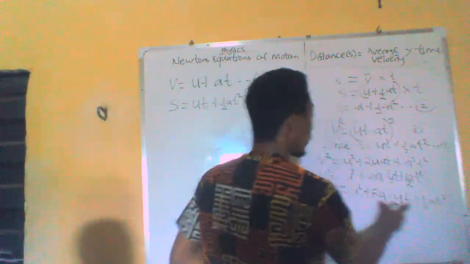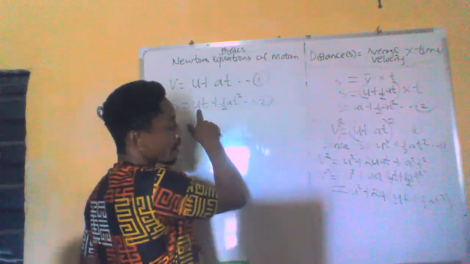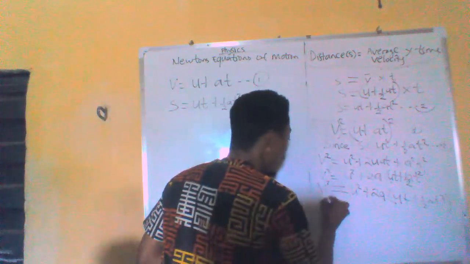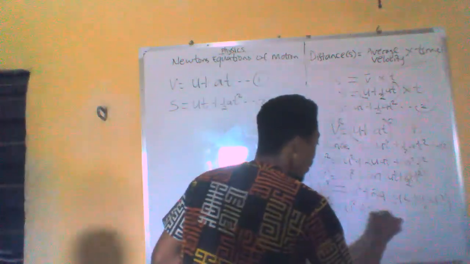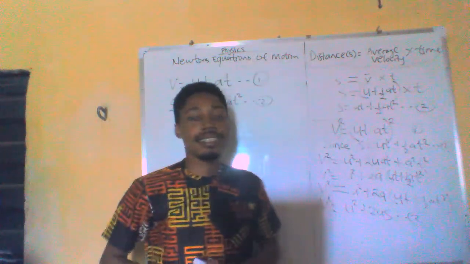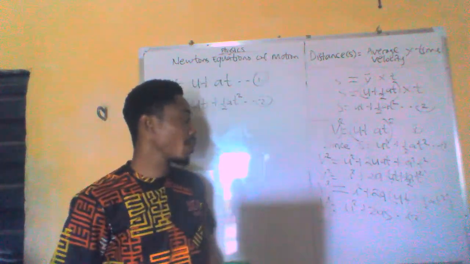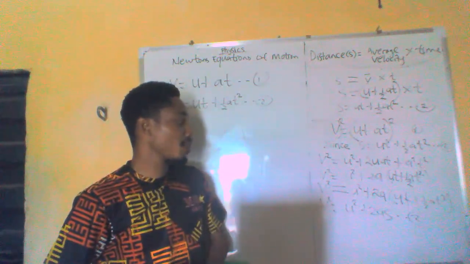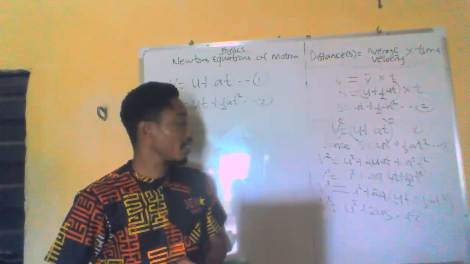So UT plus half AT squared is S. So V squared finally is U squared plus 2A, and what is inside there is S. So we've gotten to the third equation of motion.